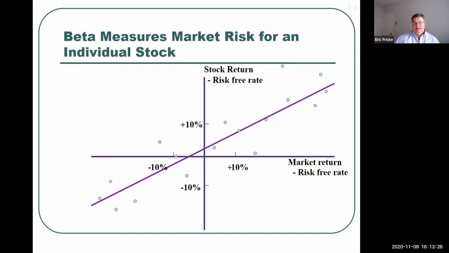You get a y-intercept term and you get the slope, right? And it turns out the slope of this line that we just did, we call that beta. So beta is nothing more than the slope of the best fit line between the stock premium returns and the market premium returns.